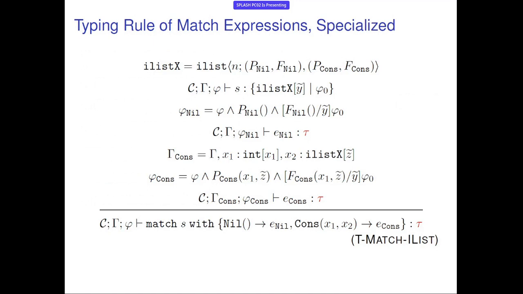If we'd like to prove that this expression has type tau, we have to prove both E nil and E const have type tau. But when typing E nil, we can use more precondition for phi nil, because we know S is nil, we can use F nil and P nil in preconditions.